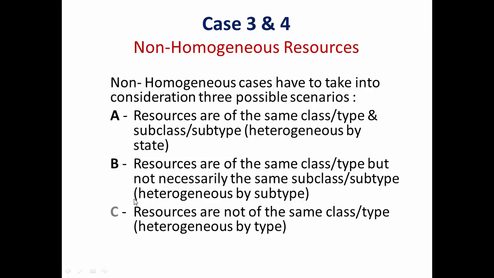The second one is different: all the resources are the same type, but they are not necessarily the same subtype. It means the subclass, so I have a notion of a printer. Let's go back to our printers. I have color printers and I have black and white printers.